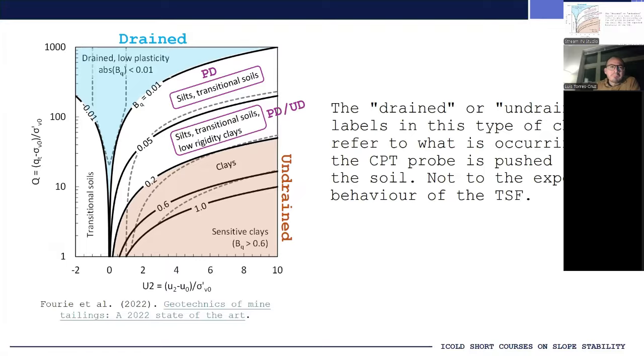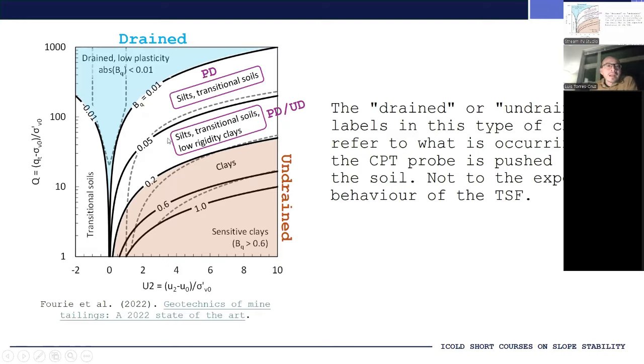I want to point out these charts that I made reference to earlier. These are, I will recall here, based on CPT results, and they are divided into drained and undrained areas and also areas of partial drainage.